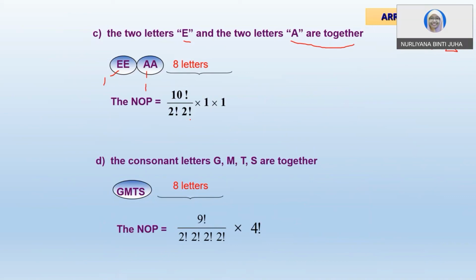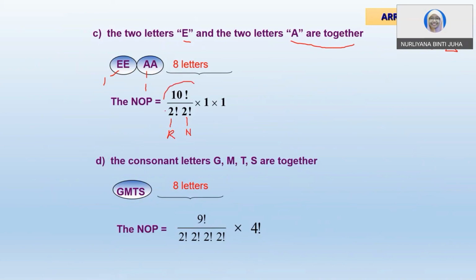Okay. 2 factorial times 2 factorial ni, ini untuk huruf R. The other one is for huruf N. Because yang E dengan A ni tadi dah tidak consider dah yang repeated. Dia dah letak siap-siap dekat depan. And this one you multiply with 1, multiply again with 1. Okay. Kenapa 1, 1 ni?